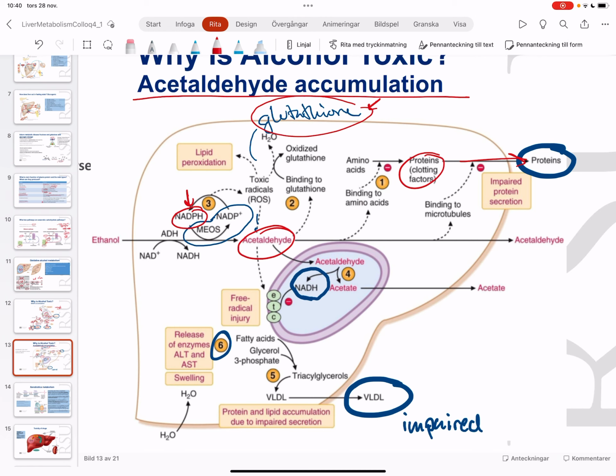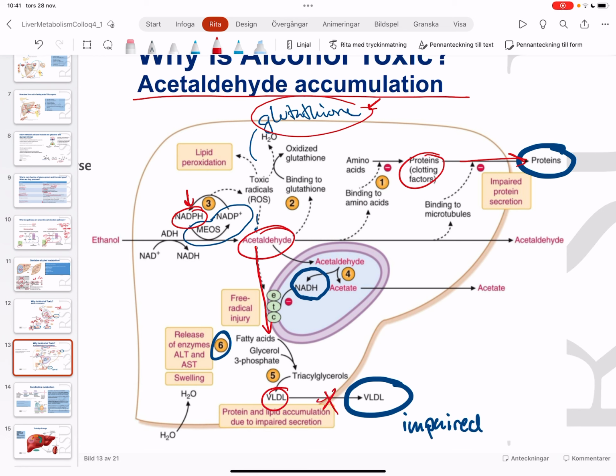Another problem with this acetaldehyde is that it will actually bind to proteins. For example, apolipoproteins are needed in order to make these VLDLs so that the triacylglycerols can leave the hepatocyte. But if the acetaldehyde is present in high amounts, then it will bind to these proteins, and the apolipoproteins and the lipoproteins will not be able to be formed, and VLDL will never leave the liver.